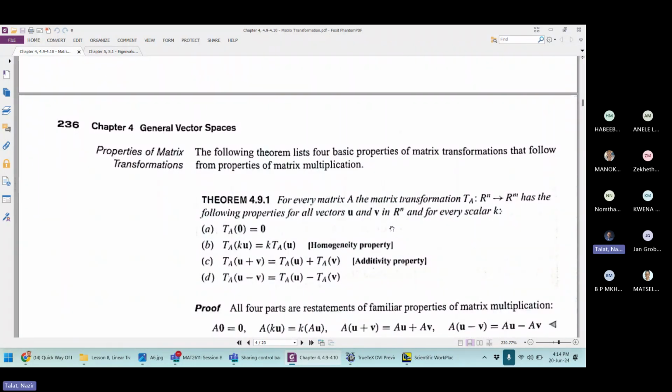Since behind the linear transformation there is a matrix transformation, it has some useful properties that are also called the properties of a linear operator. For instance, the first property is that if you put the zero vector in, then A0 is always equal to zero, where the first zero is coming from Rn and the second zero is coming from Rm.